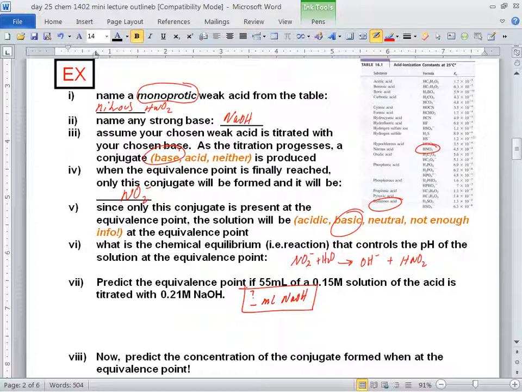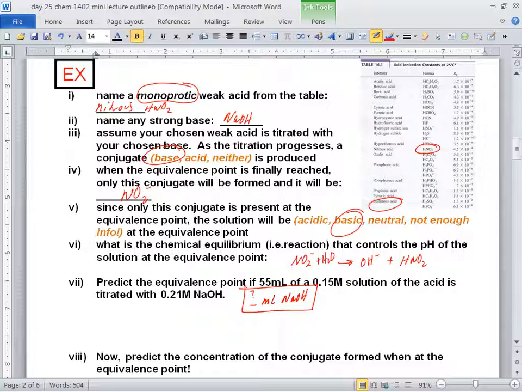Anyone got a hint? Anyone got an idea? Andrea, what are you going to do? It's a leap. It's a big leap here. Where do you start from? The 0.21 molar. You could.